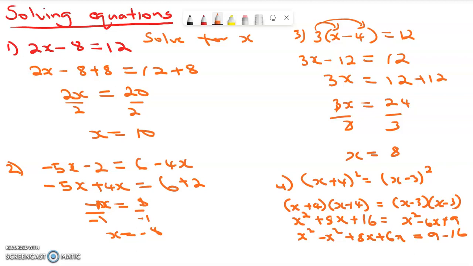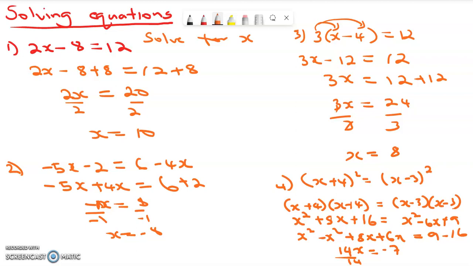X squared minus x squared will give us 0. Then 8x plus 6x is equals to 14x equals, then on the right hand side we have 9 minus 16, which is equals to negative 7.